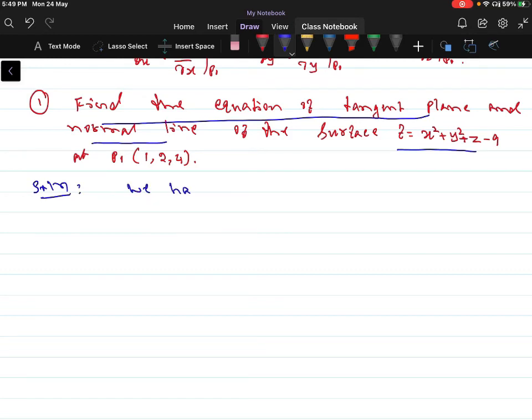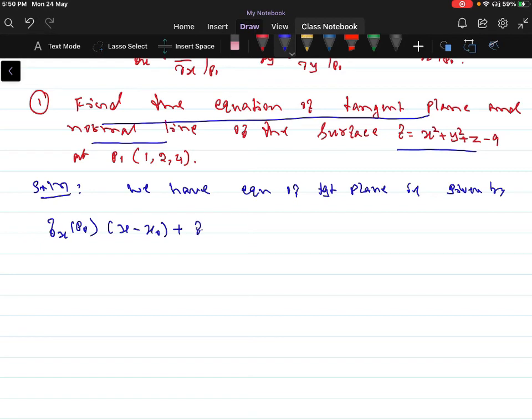We have equation of tangent plane is given by, that is, fx of the point p naught into x minus x naught plus fy of the point p naught into y minus y naught plus fz at the point p naught into z minus z naught is equal to 0.